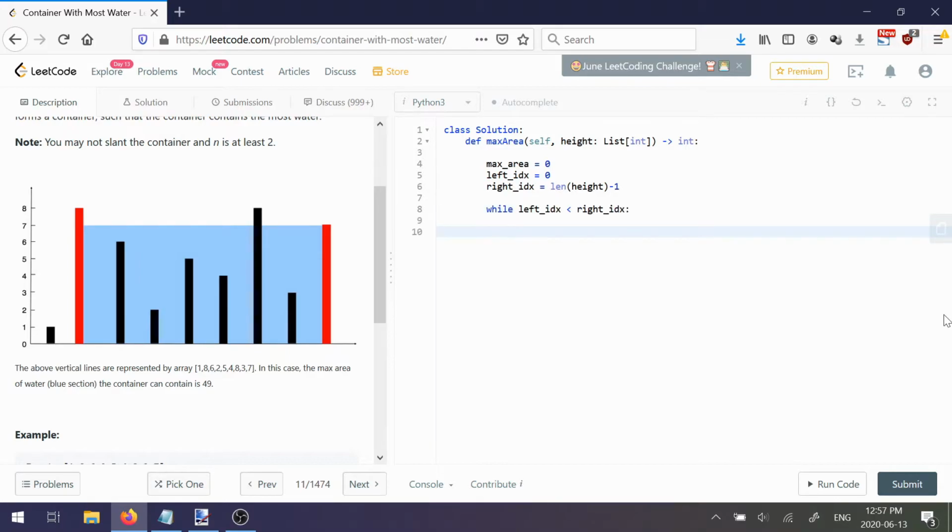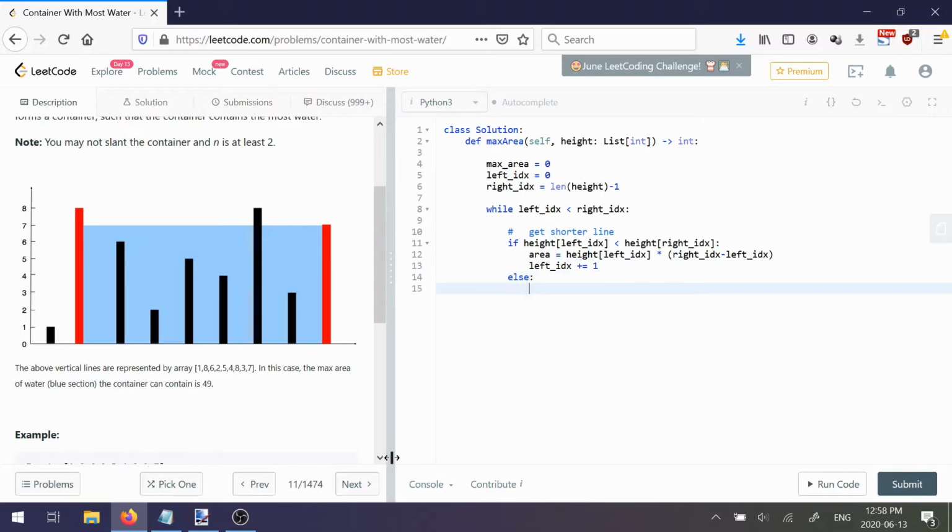And what we do for every iteration is based off of which line is shorter. So if the line on the left is shorter, what we do is first of all we calculate the area, which would be the shorter line, times the difference between the right index and the left index. And then we move the shorter line, which is on the left, forward 1 spot closer to the right index.